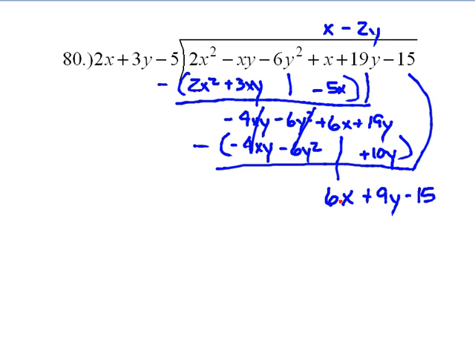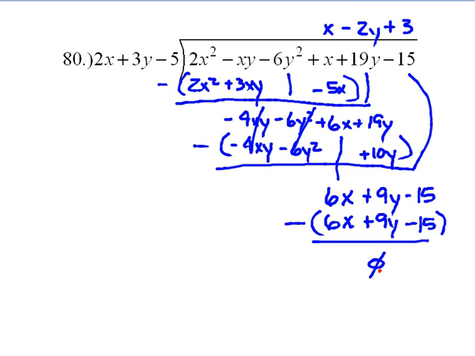What times 2x equals 6x? That should be a 3. 3 times 2x is 6x. 3 times 3y is 9y. And 3 times negative 5 is negative 15. If I subtract that second line, I end up with 0.